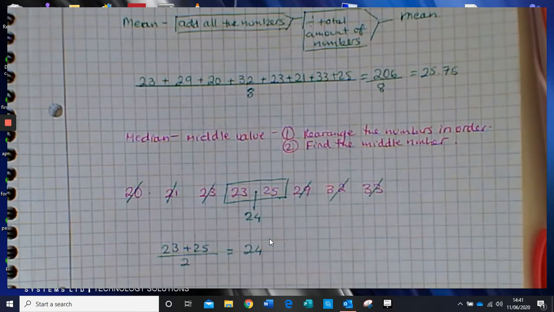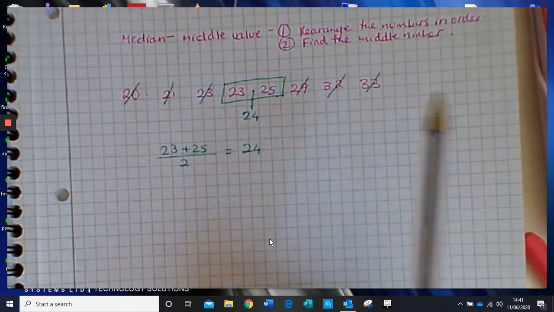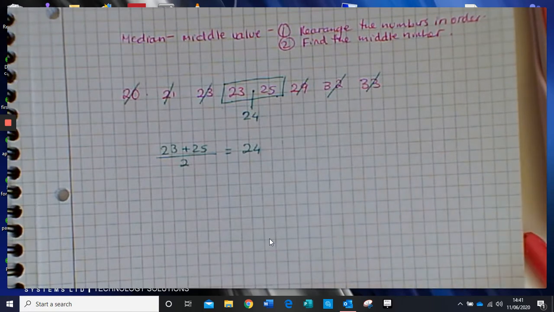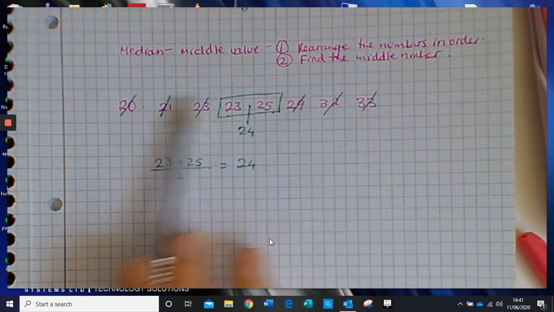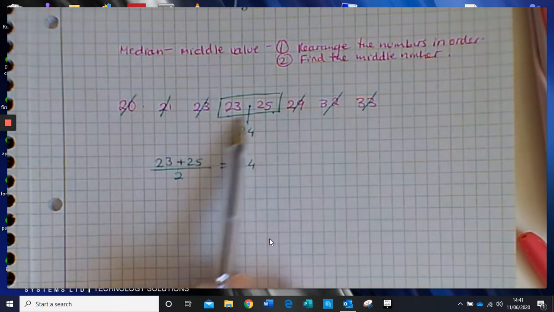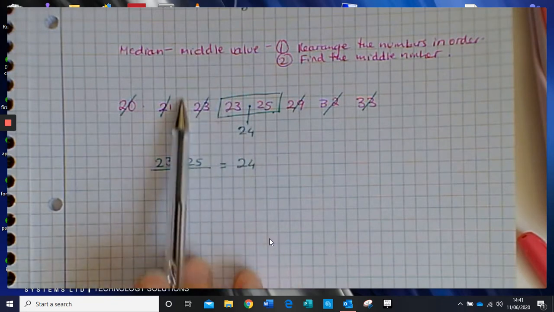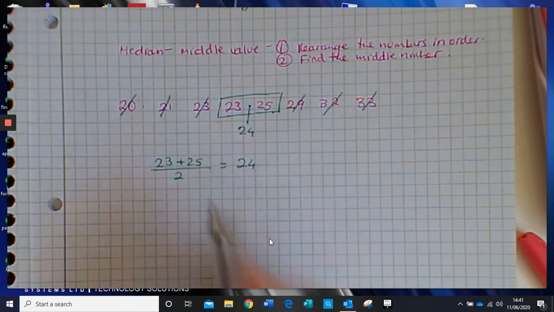Excellent. Moving on. The next thing they want us to do is find the mode. Now, once you have worked out your median and it's nice and in order, it's actually quite easy to see which numbers there's more than one of. You can compare that much easier.